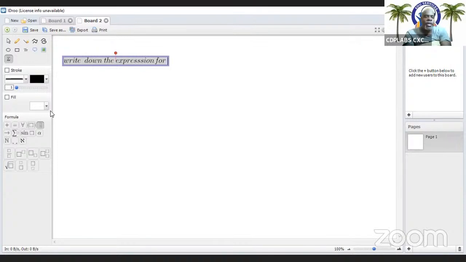So you're not solving anything. You're just writing down the expression. You're not solving anything. Make note of that. It's a write down, so you're not solving anything. Is that clear? Good. Make sure when you go into the exam, you read the question right, because I'm sure you can read. Well, that's what I hope.